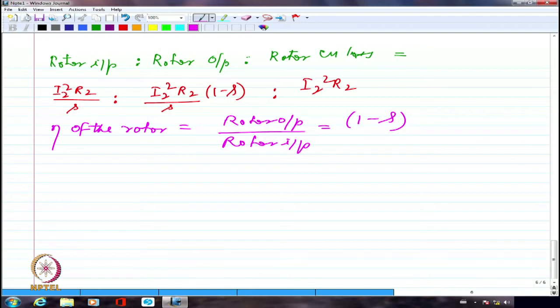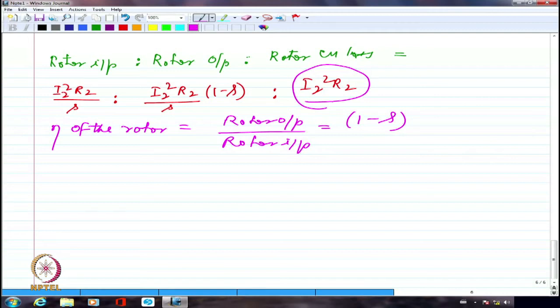If 4% is the slip, I am going to have the efficiency to be 96%. So lower the speed of the induction motor, more is going to be the losses or less is going to be the efficiency.